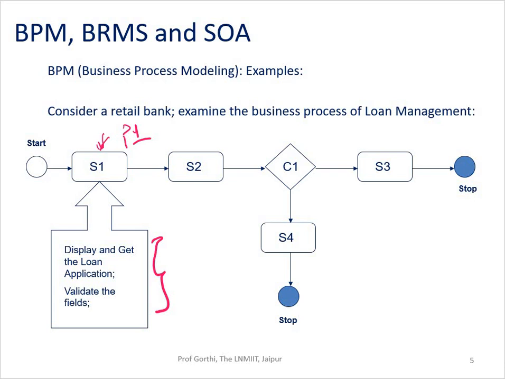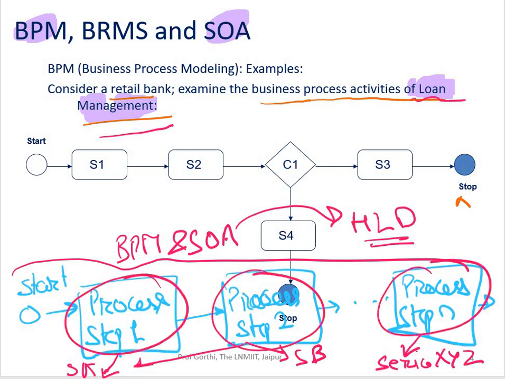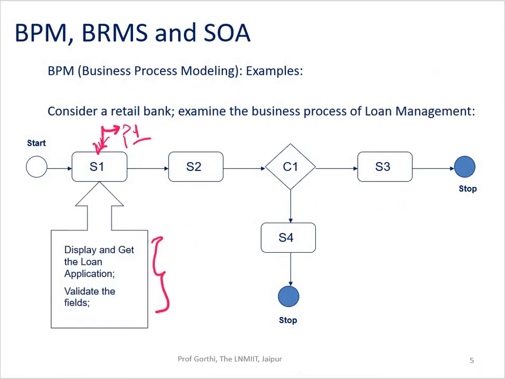The regular way is that I go to ICICI Bank's website, I see a particular form and I enter it. The validation takes place at the back end. So you can call it screen 1 for process 1, just like I was explaining: process step 1, process step 2, process step N. Similarly, this is my first step.